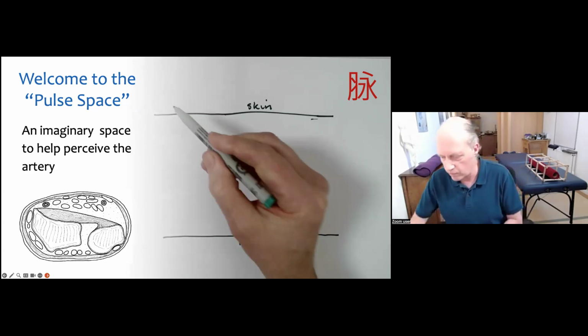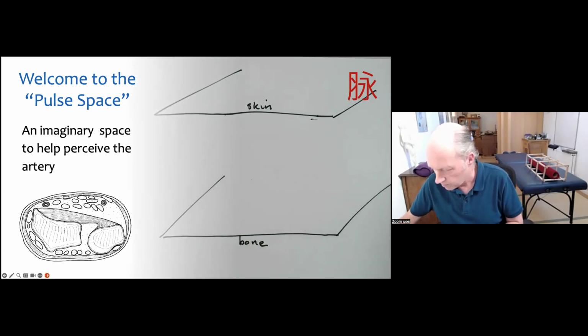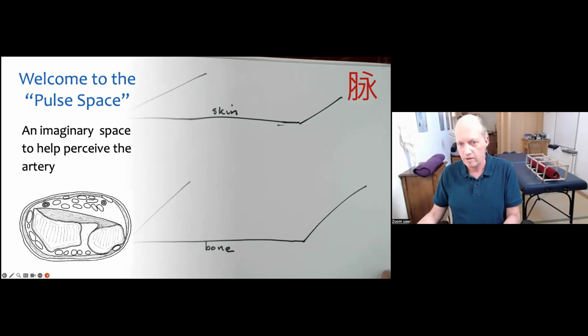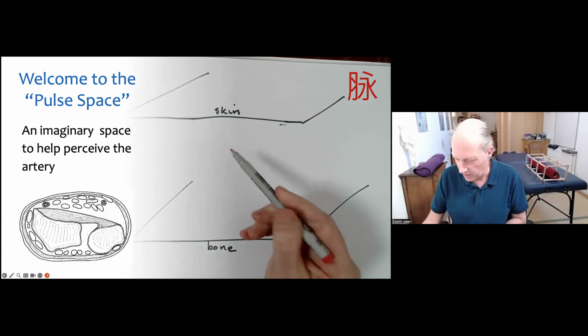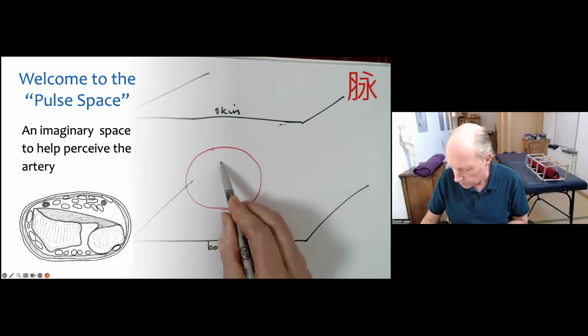If you did it in 3D, it would be disappearing off into space like this. And here we have our artery sitting somewhere in the middle.